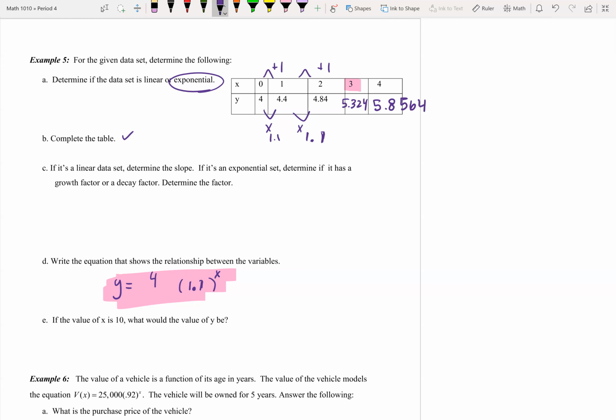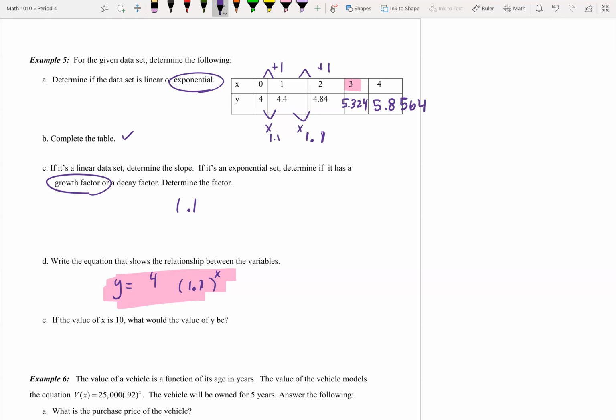So I completed the table. Part C, if it's exponential, does it have a growth factor or a decay factor? Guys, is it growth or decay? It's a growth factor. And what is it? 1.1. I know it's a growth factor because of 2 things. My numbers are getting bigger. What's the other way I know it's a growth factor?